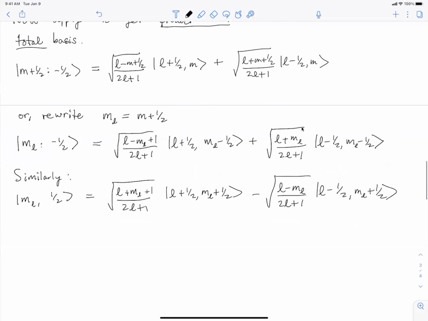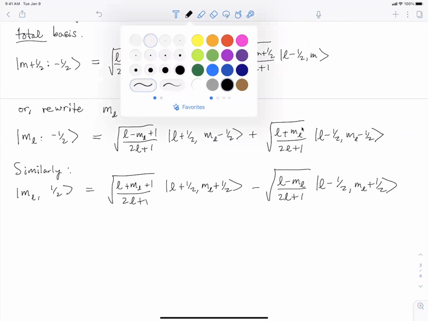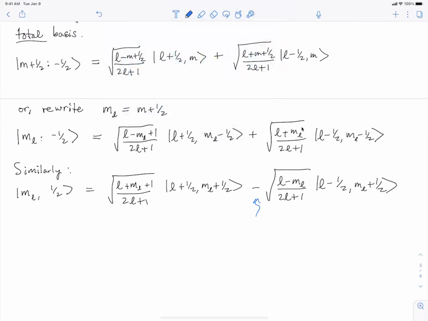Okay, so one thing to notice here is that all the Clebsch-Gordon coefficients are always real in our convention, but they're not always positive. So all Clebsch-Gordons are real, but not all positive.